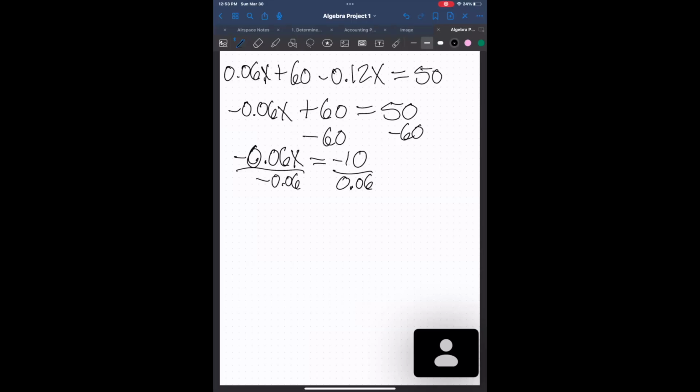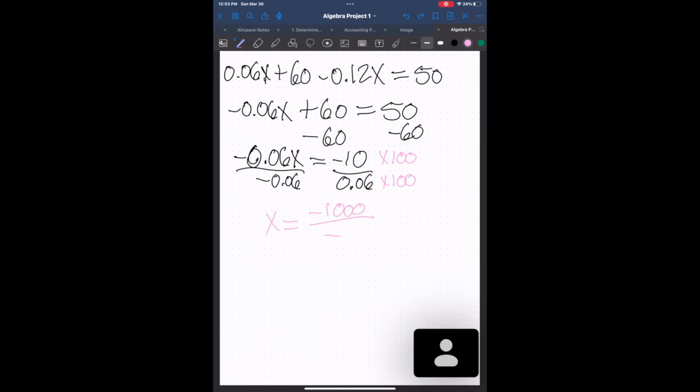I'm going to do this a little bit different. I'm going to times this by 100, and do the same to the bottom. And that's going to give us x equals negative 1,000 over negative 6.